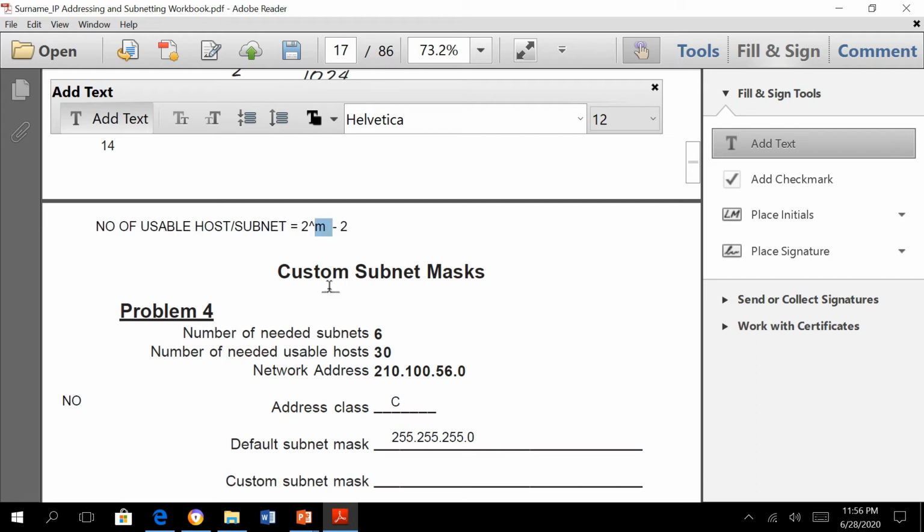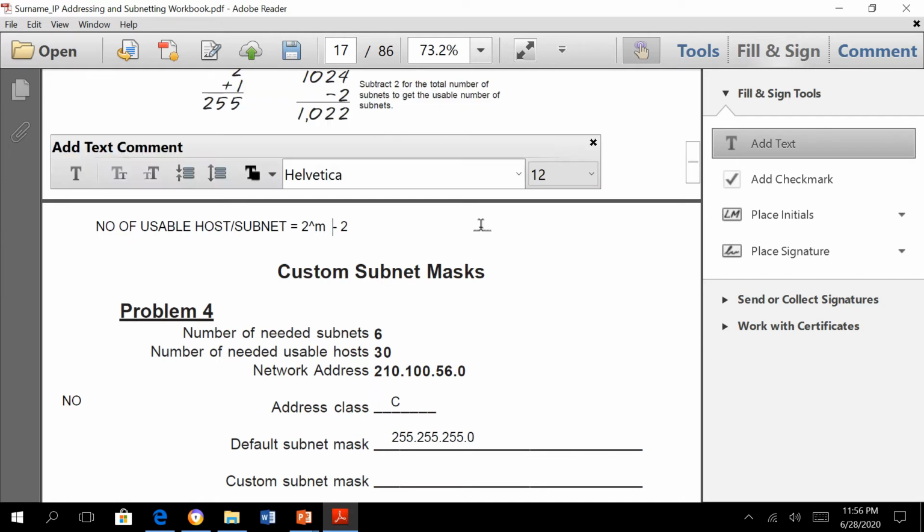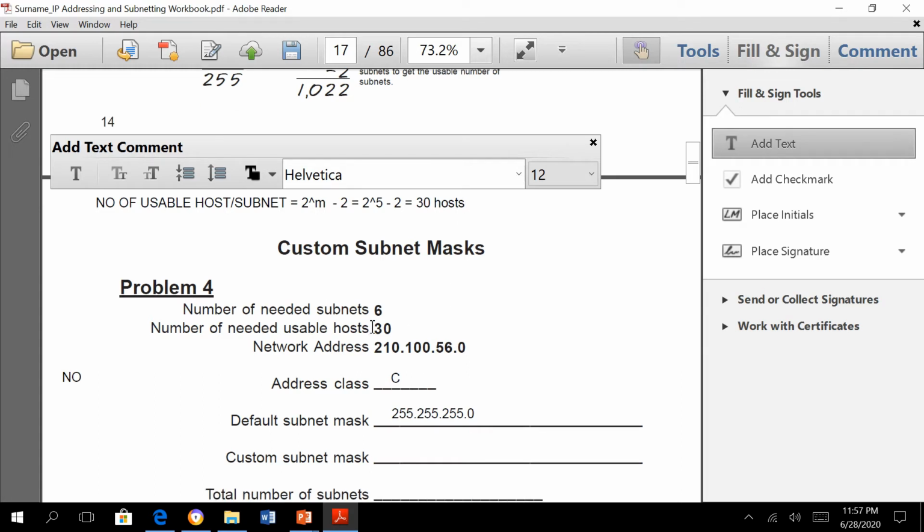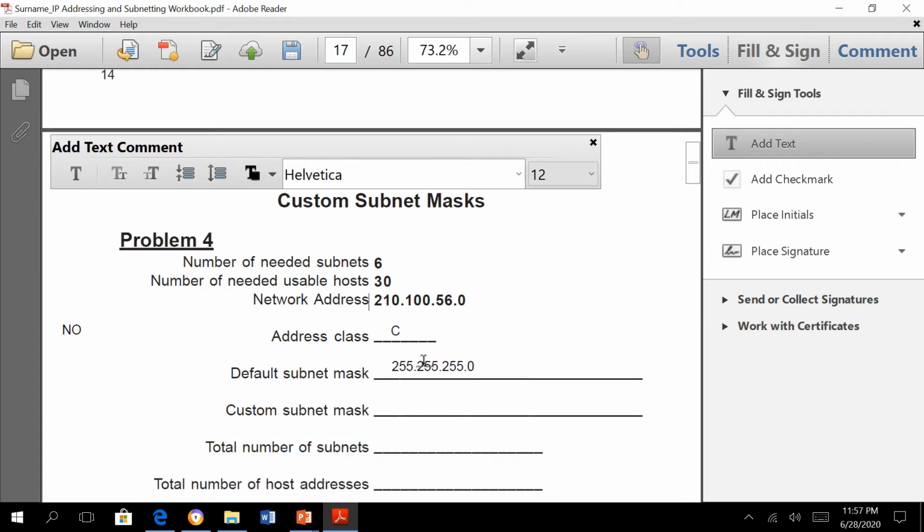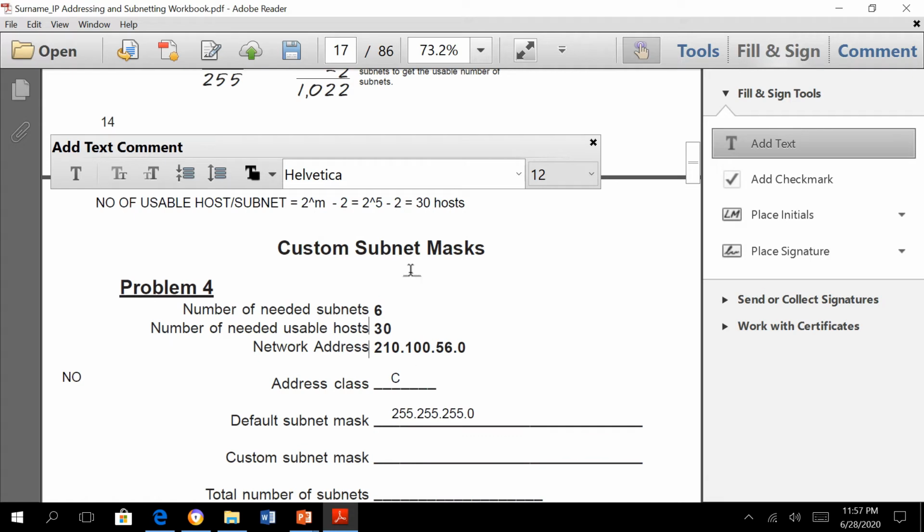Example, if m is 5, that's 2 raised to 5, which is 32, minus 2, that's 30 hosts. So that's good for this requirement, right? That's exact. So it means that my m is 5.